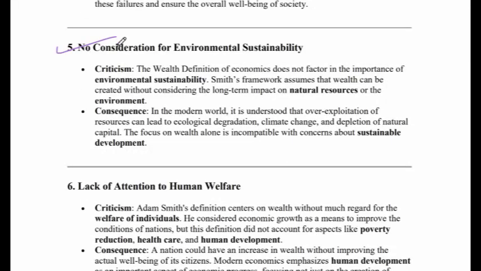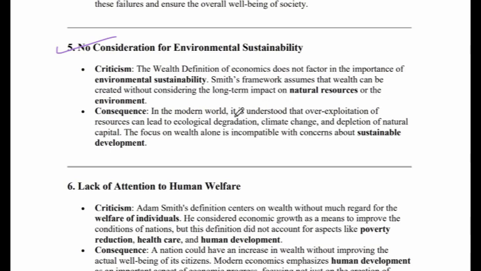No consideration for environmental sustainability. The wealth definition of economics does not factor in the importance of environmental sustainability. Smith's framework assumes that wealth can be created without considering the long term impact on natural resources or environment.